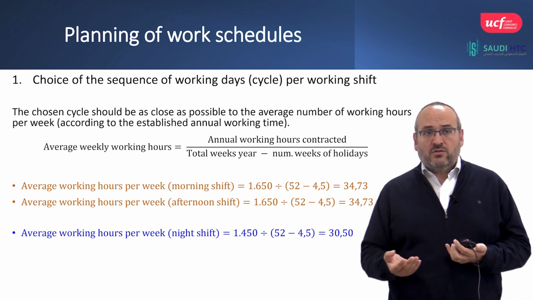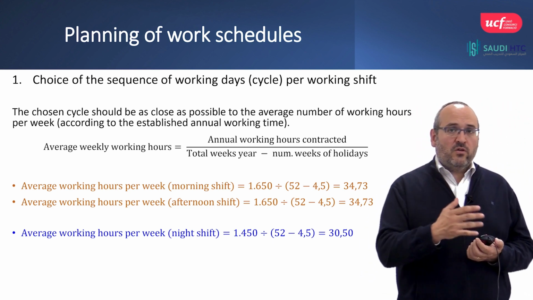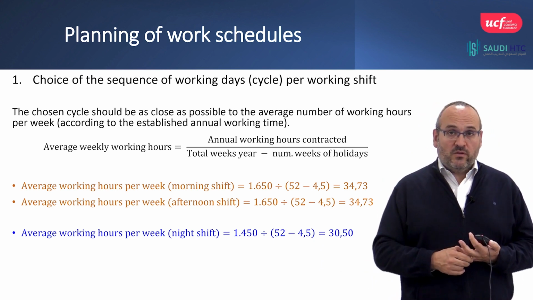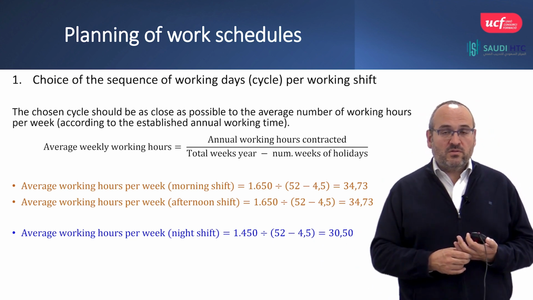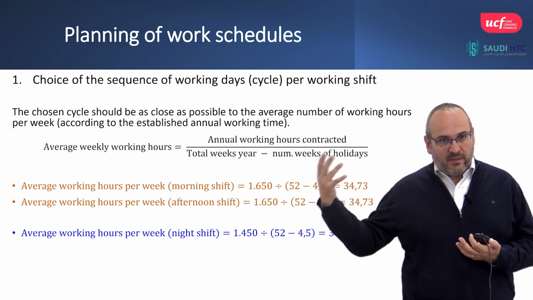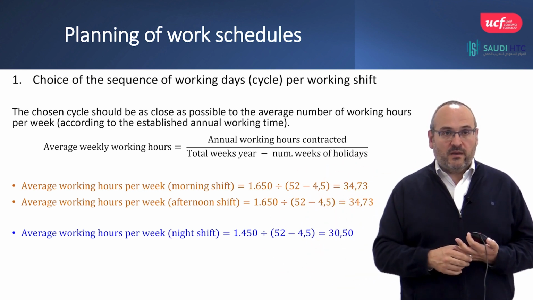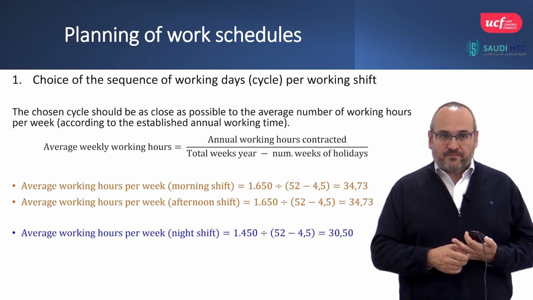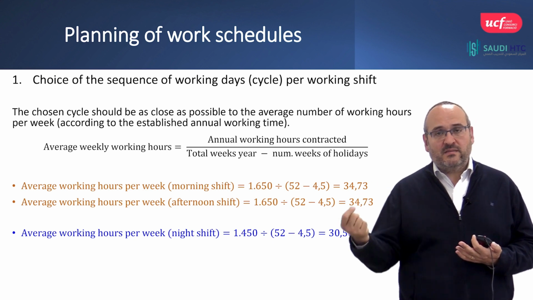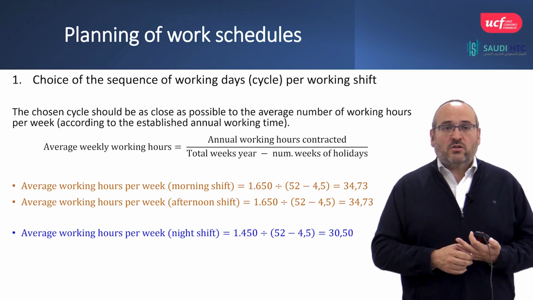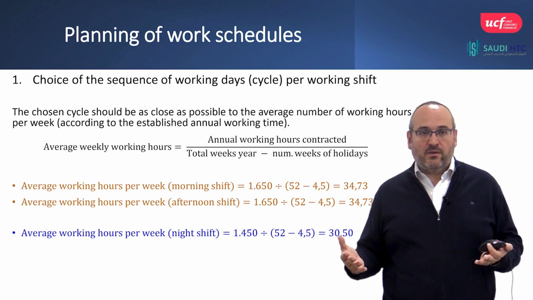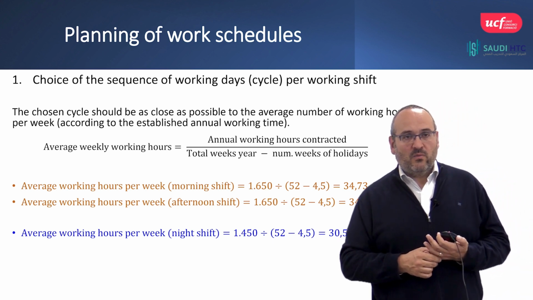By dividing the number of hours of the annual workday by the number of weeks. The number of weeks in a year is 52, but remember that we have already removed the month of vacation to make the calculation. Here we will do it again. Therefore, we consider that if a year has 52 weeks, then 4.5 weeks are the weeks that you will be on vacation.